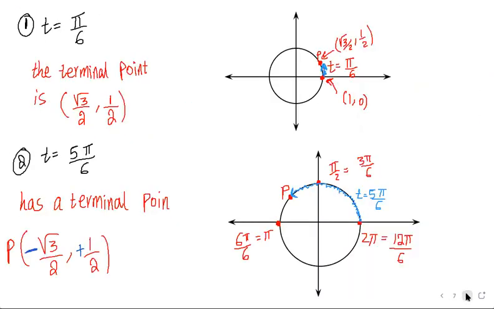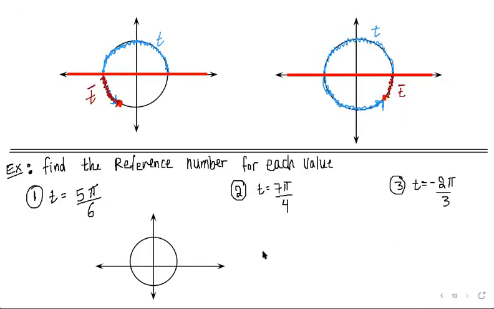Because it's between 3 pi over 6 and 6 pi over 6. So this means moving from this point around the unit circle up to this point. So my terminal point is here.